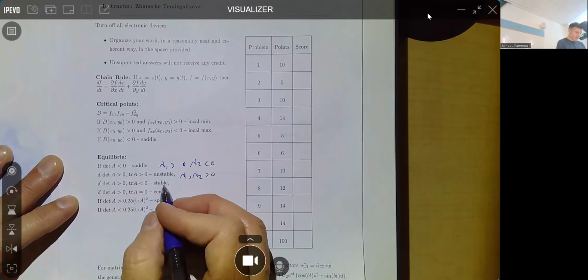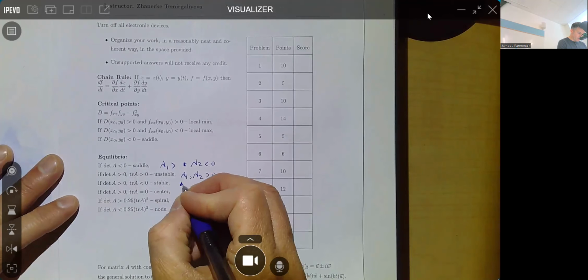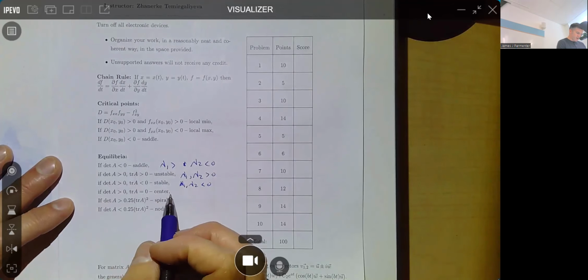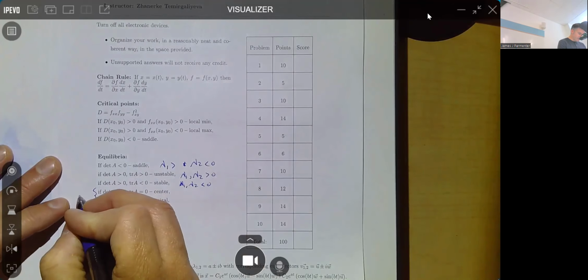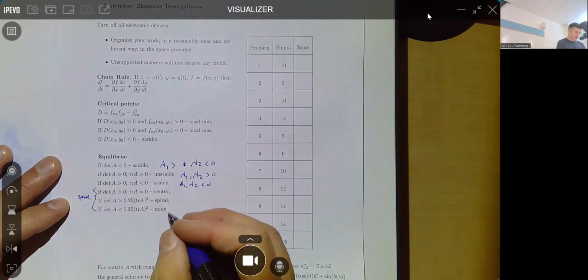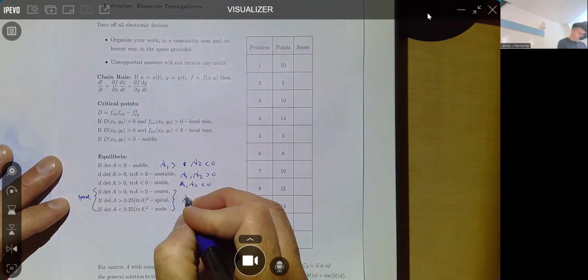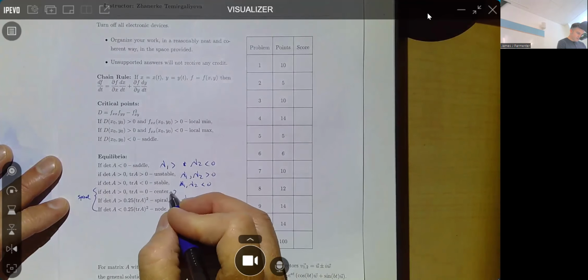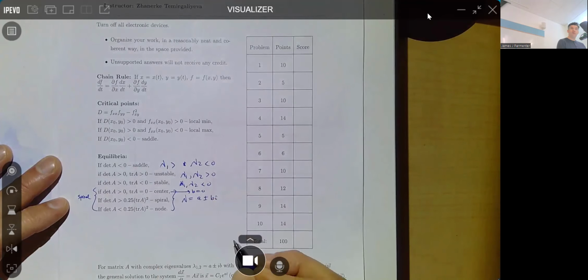For stable, lambda 1 and lambda 2 are negative. And then these last 3 are spiral things, which means our eigenvalues are, yes, complex. So here we have lambda equal to a plus or minus bi. And if it's a center, b is equal to 0.